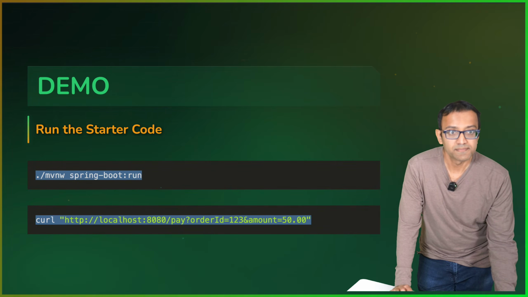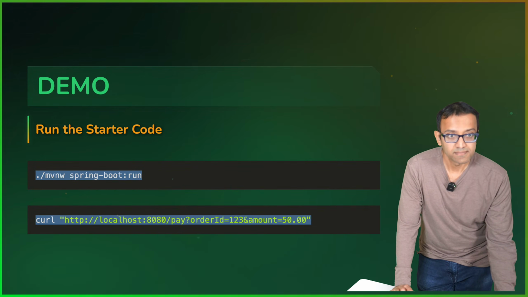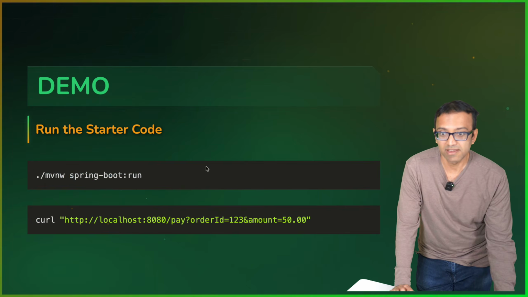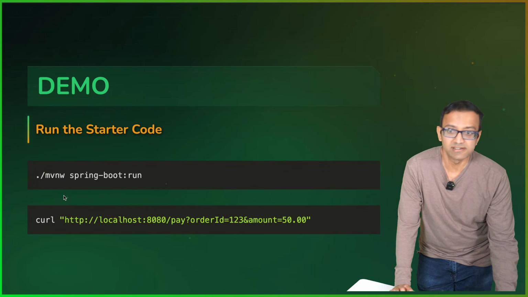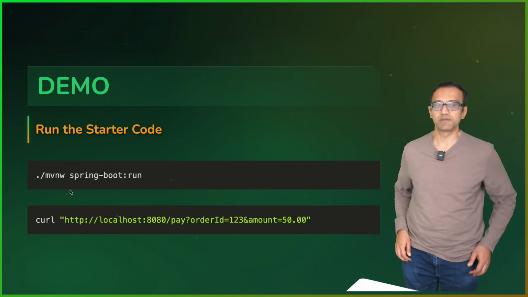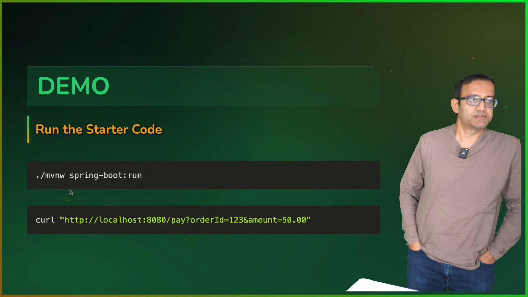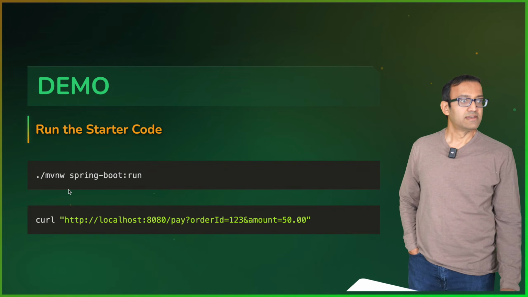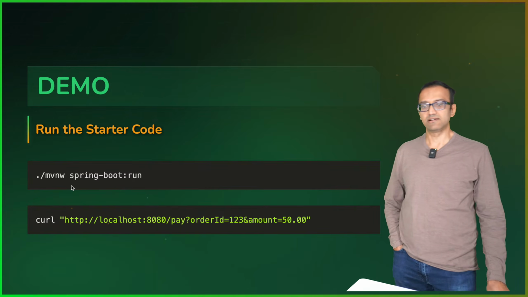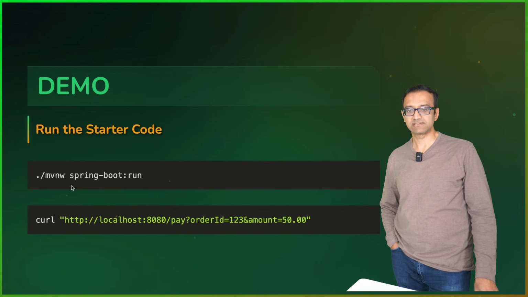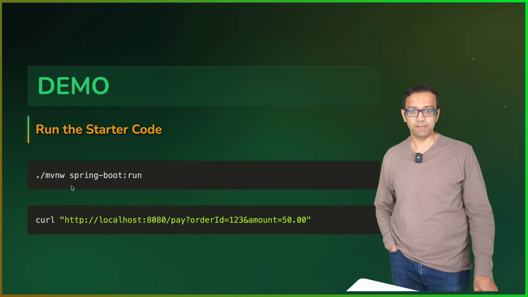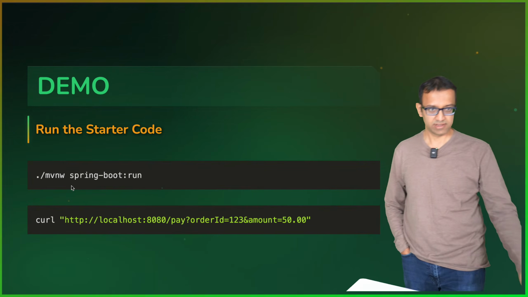Interesting, it doesn't copy. Well, you're going to have to type this out then. That's literally mvn spring-boot:run. If you're Spring Boot developers, you should be comfortable with that command. And curl is basically making that request with a specific order ID and amount.